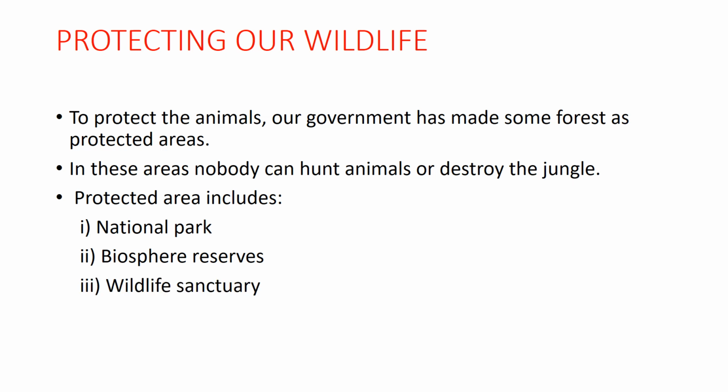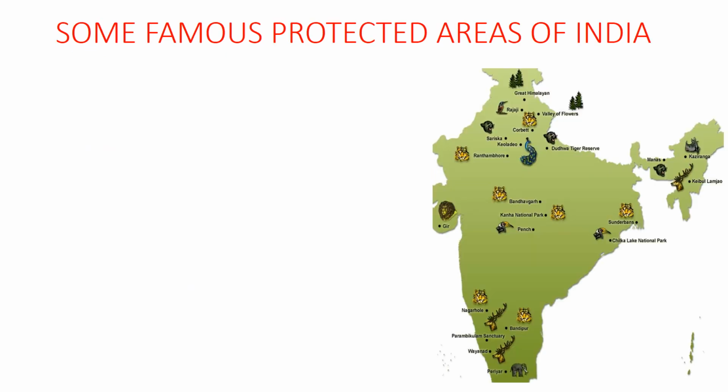I think few of you might have visited a national park or wildlife sanctuary. Students, now we will learn about some famous protected areas of India. You can look at the map and try to find out the various national parks.